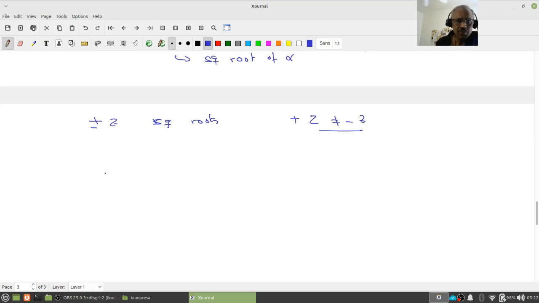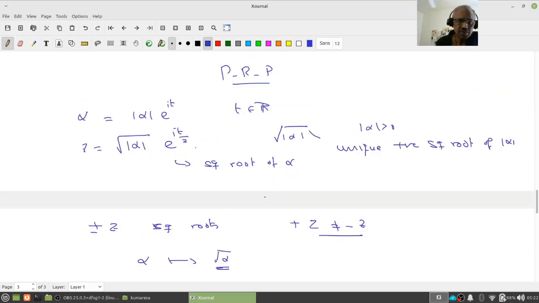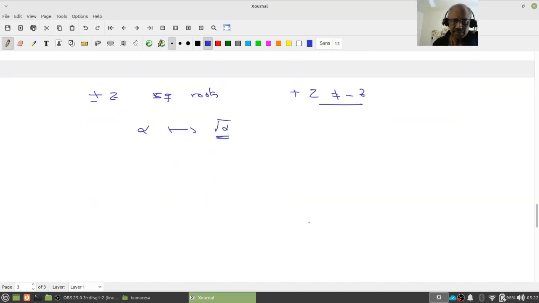Now, which one will I choose? If I want to make sense out of this, how will I choose a unique one? Should I choose z or should I choose minus z? Notice that minus z is obtained by, remember, t is a root, therefore if I write s equal to t plus 2 pi, then let's look at that: square root of mod alpha into e power i s by 2.